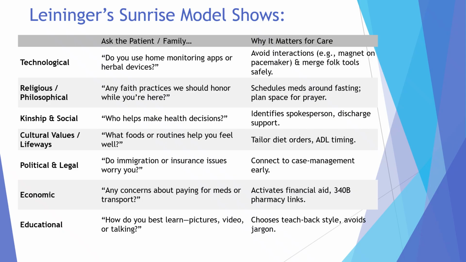So here you need to ask the patient or family, do you use home monitors, apps, or herbal devices? Why it matters for care: avoid interactions, like a magnet on a pacemaker, and use the folk tool safely.